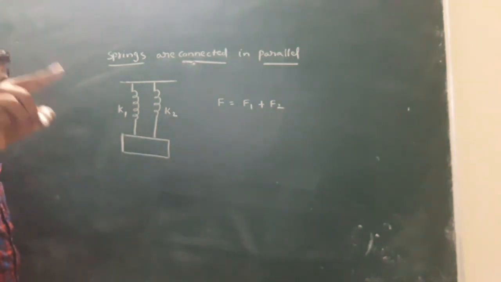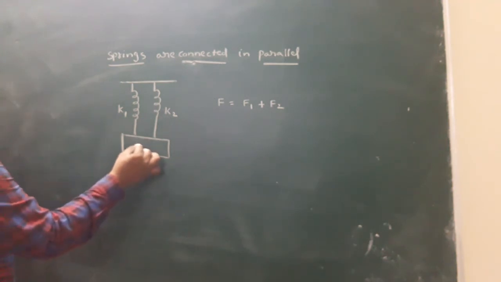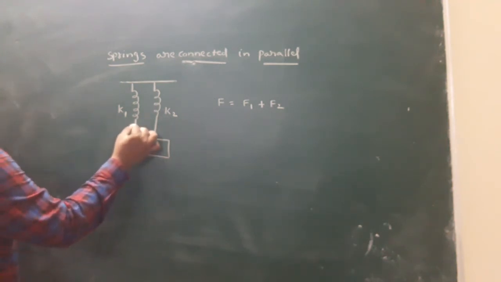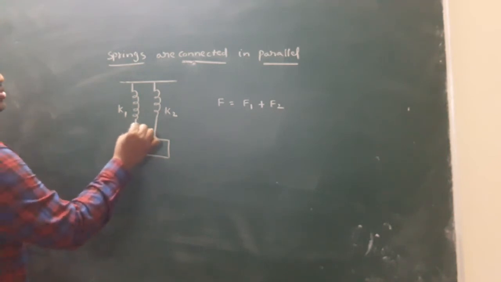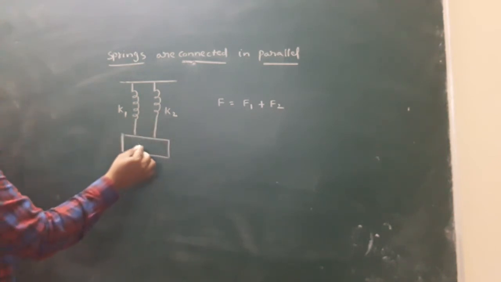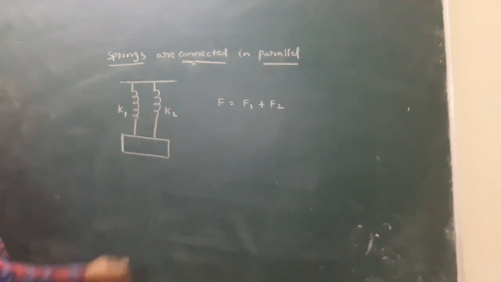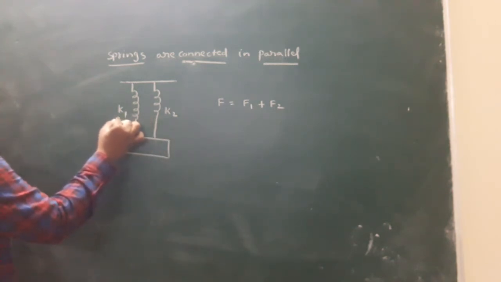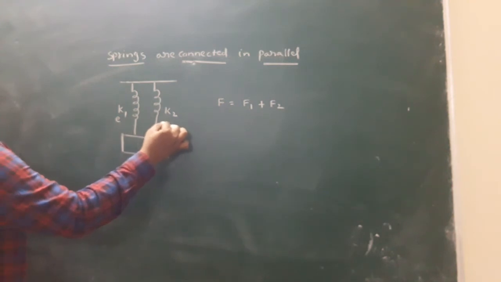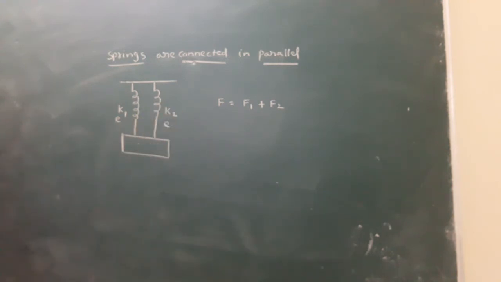In the series combination, what remains constant? Load. In the parallel combination, the total load is shared. Total load is F, shared as F1 plus F2. This spring expansion is E. This spring expansion is E. F equal to minus kx, or ky, or ke.